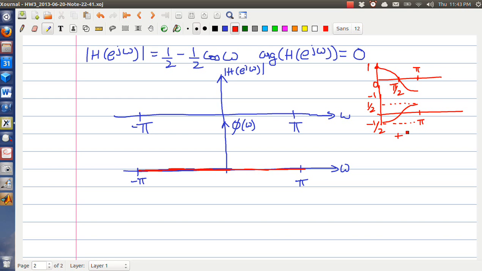And then adding the half to it gives us something like this. So it really looks like this, and very symmetric in the other direction.